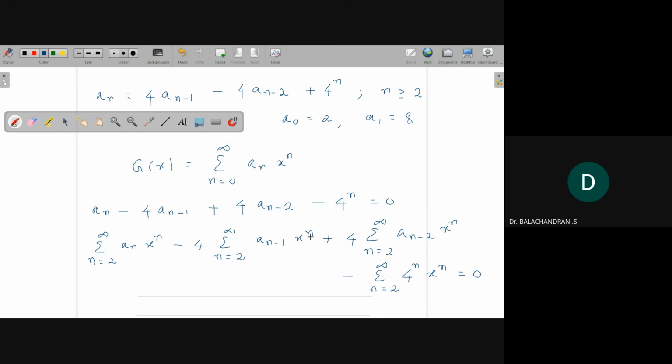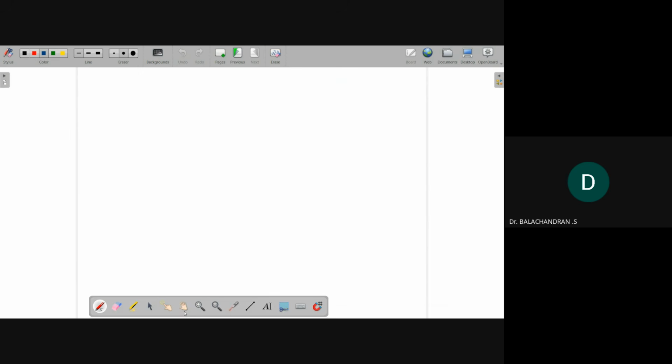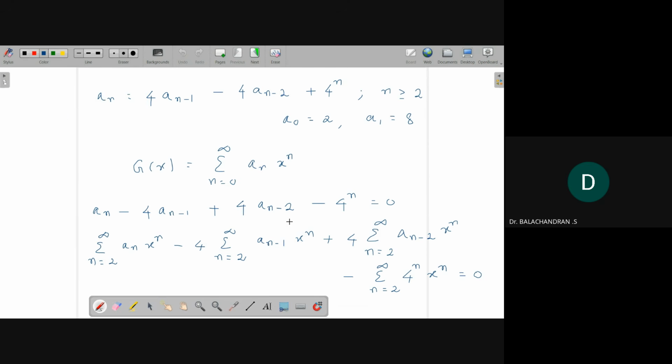So first I am going to adjust these two. I think here it is fine. Okay. So next I will write summation n equal to 2 to infinity an x power n. And from this I will take what? Make this x power n minus 1.